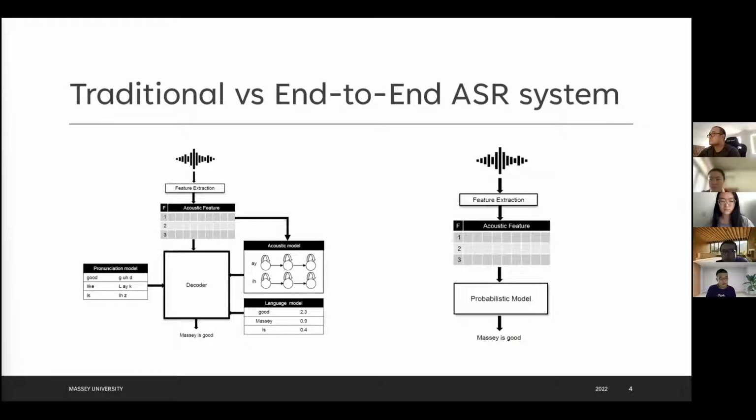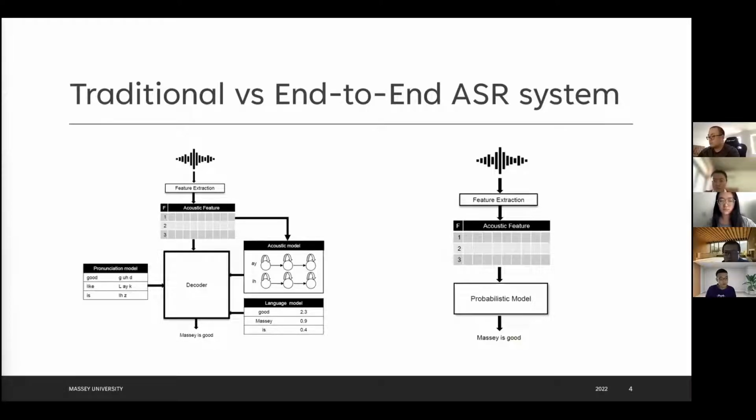The second component is a lexicon or pronunciation dictionary, and it deals with how to say something. Say, for example, there is a word cat, and in computer language, it can be pronounced as cat. So pronunciation models deal with these kinds of things.